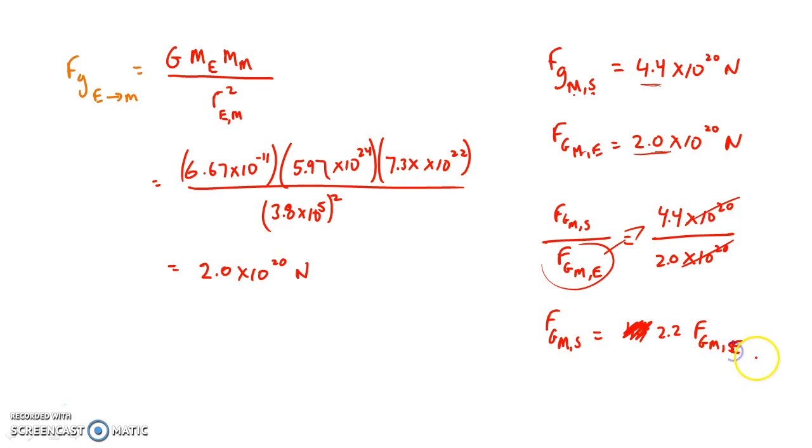So 4.4 divided by 2, okay, 2.2. So it's roughly 2.2 times the force between the Moon and the Earth.